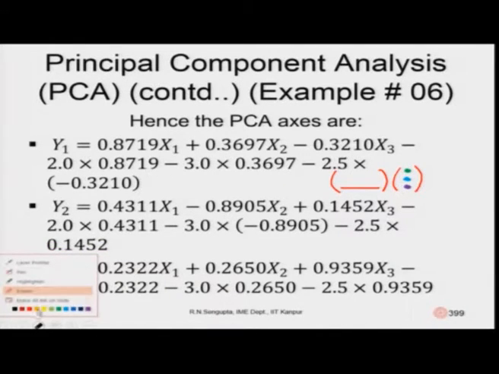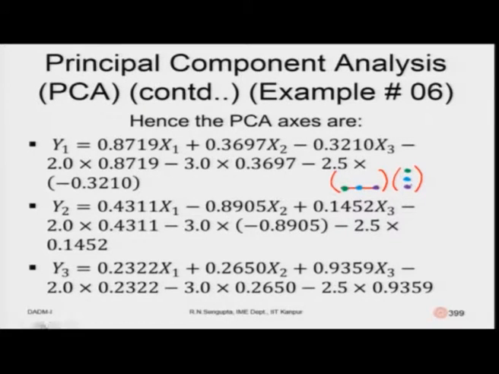Again, first element of the third eigenvector multiplied by x1 minus mu 1, second value of the third eigenvector multiplied by x2 minus mu 2, and third value of the third eigenvector multiplied by x3 minus mu 3.